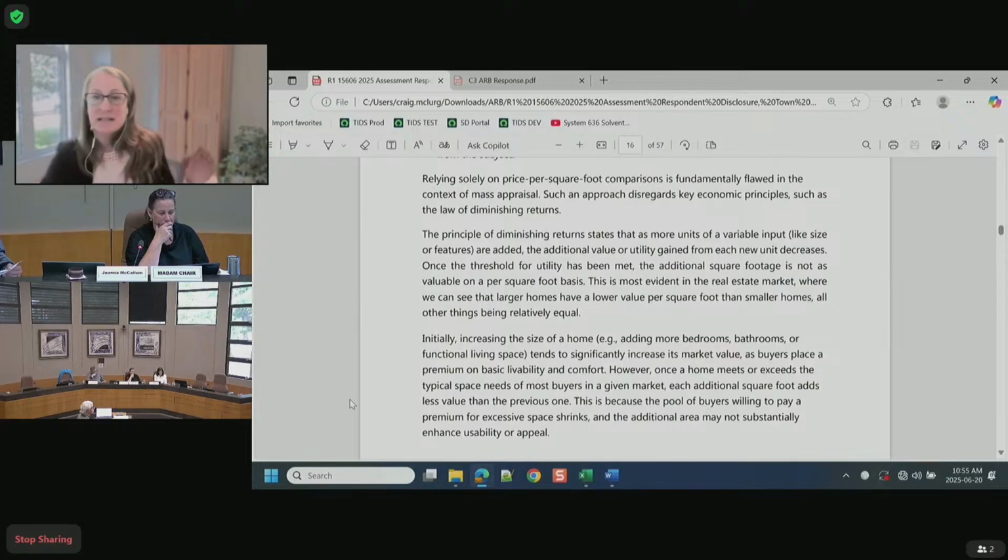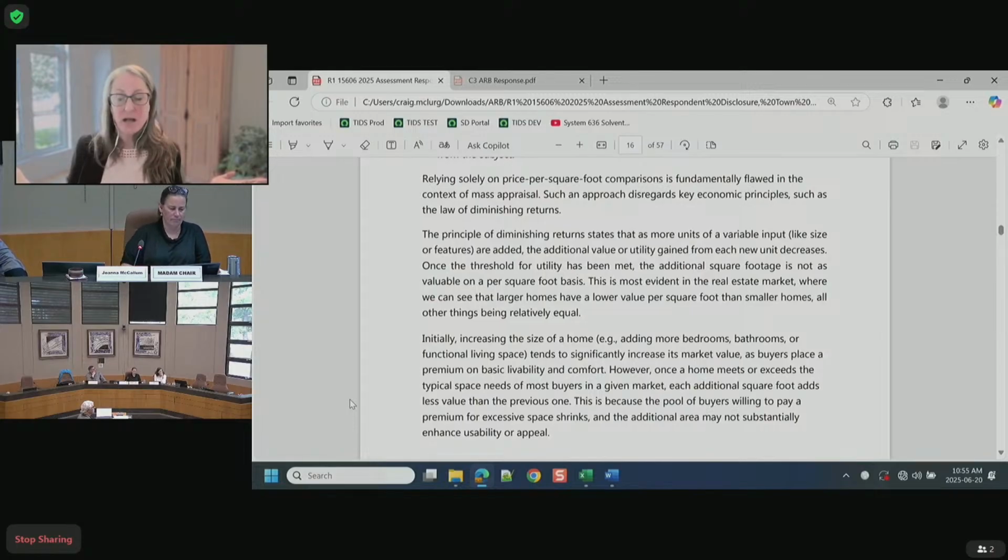We see this often in land, just as an easy example. This goes with square footage of living area as well, but the price per square foot does not continue to go up at the same rate for, say, a 6,000 square foot lot versus a 50,000 square foot lot.